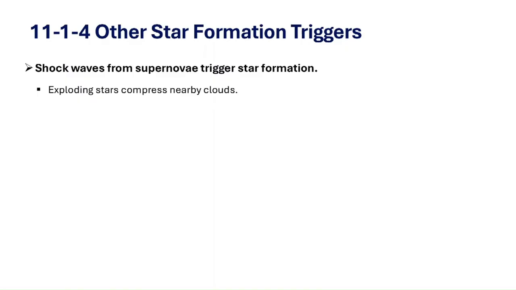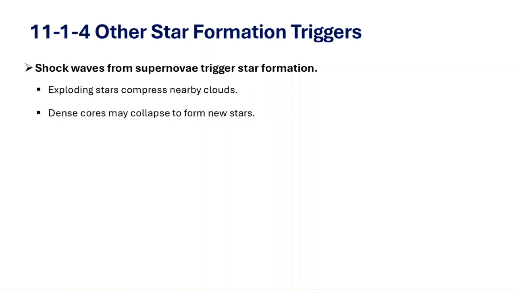And that explosion sends a strong shock wave through space, compressing nearby gas clouds. So you can think of it like dropping a heavy rock into a pond. The ripples push things along. And here, the shock wave pushes gas in the cloud, creating dense pockets that can collapse into new stars. And these compressed regions form dense cores that may take a few million years to collapse into stars.